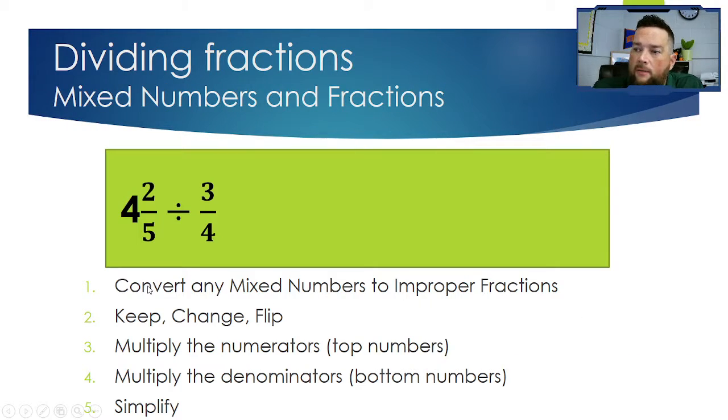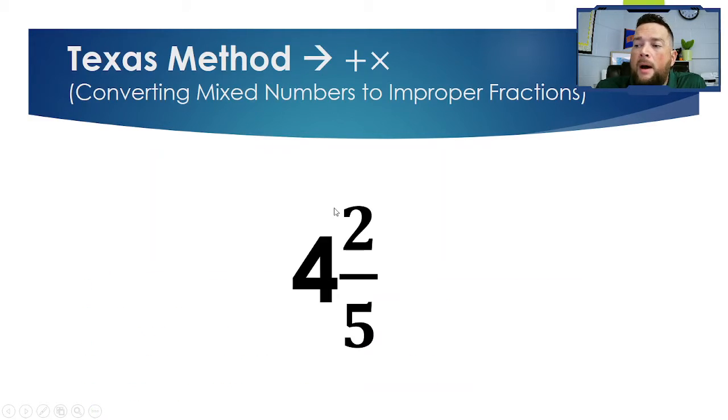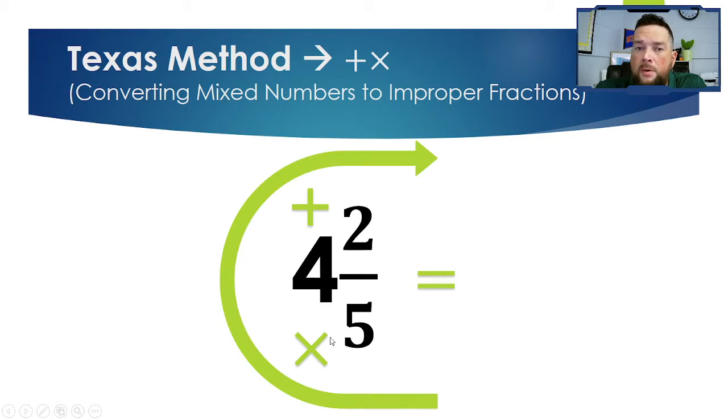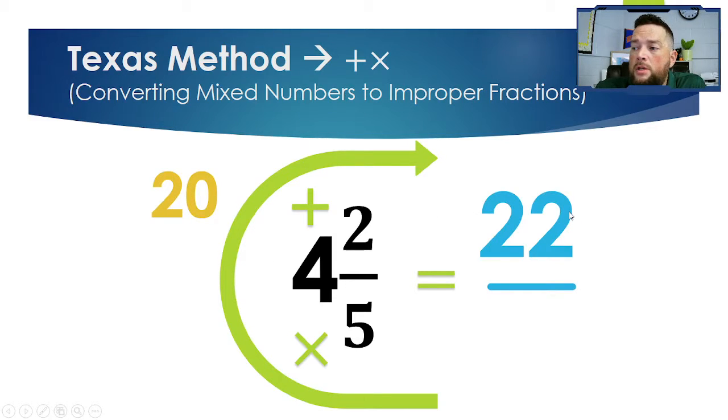Now we're dividing fractions by mixed numbers. Just like with multiplying fractions with mixed numbers, we need to take care of the mixed number first by converting it to an improper fraction. I'm going to use the Texas method: put the plus sign up, the multiplication there, loop it around. 5 times 4 is 20, 20 plus 2 is 22, and we keep our same denominator.